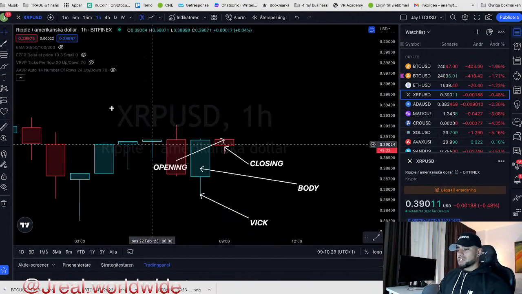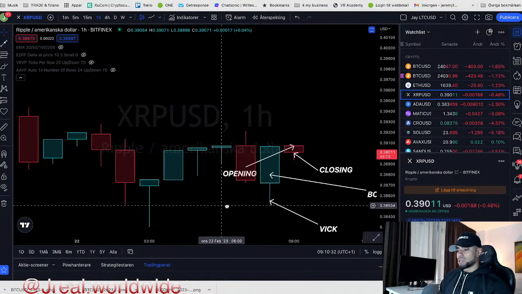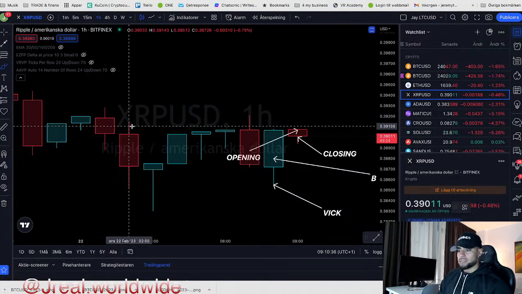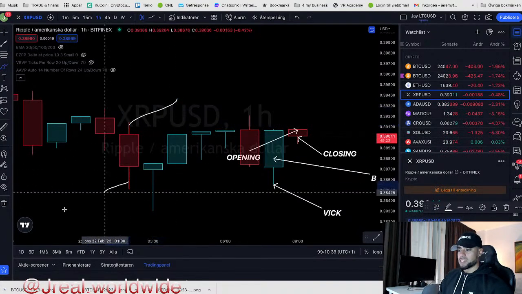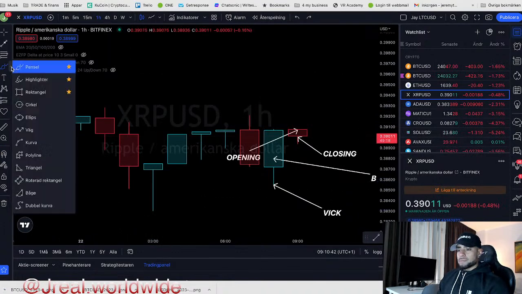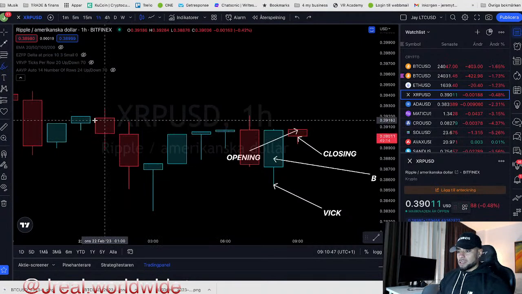And the wicks, as I mentioned, represent the movement of the candle. So let's look at this one, for example. This one has 2 wicks. All right, we have this wick and we have this wick. What the candle did is this one opened and closed below, right?